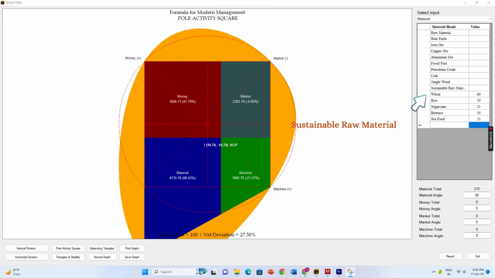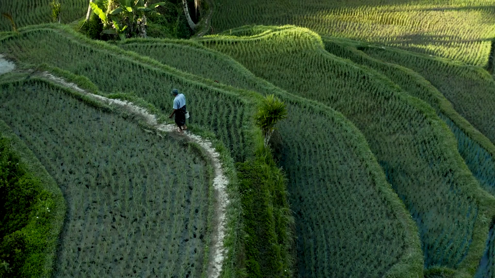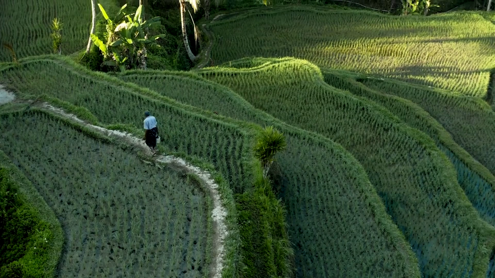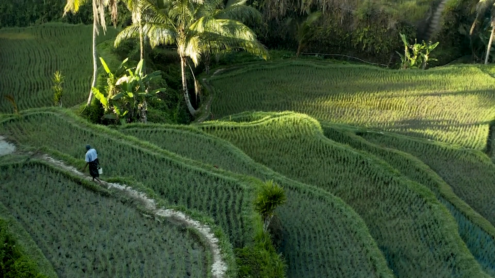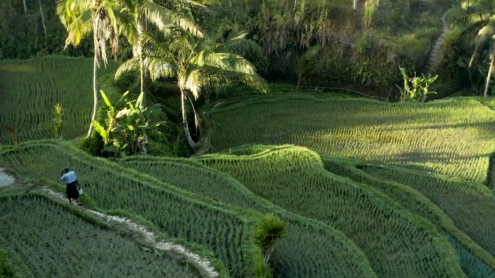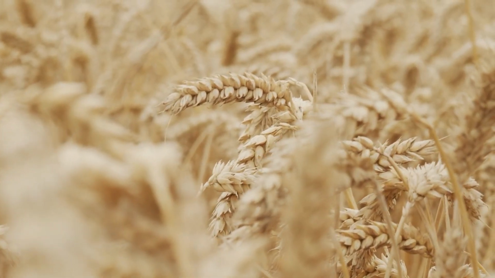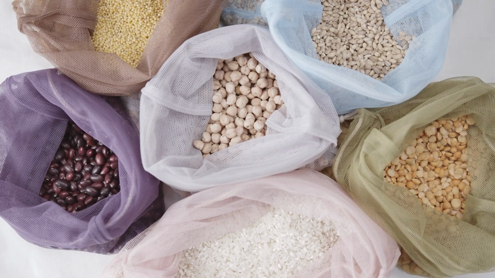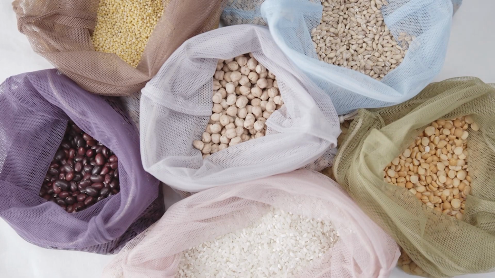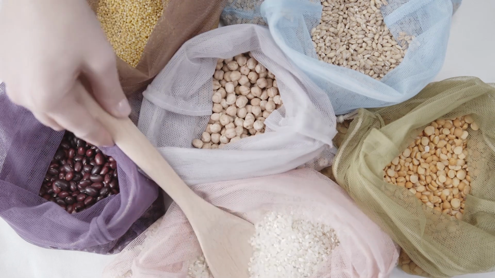Sustainable raw material is the most dependable item for growth, because as I mentioned, in India you can take three crops per year. Rice is grown during Kharif season, then on the same field wheat is grown, and once wheat is ripe, there are various types of other pulses of short duration that are also grown on the same field.